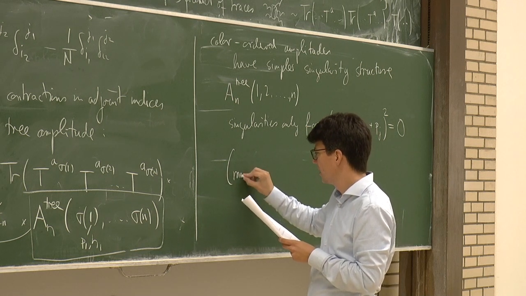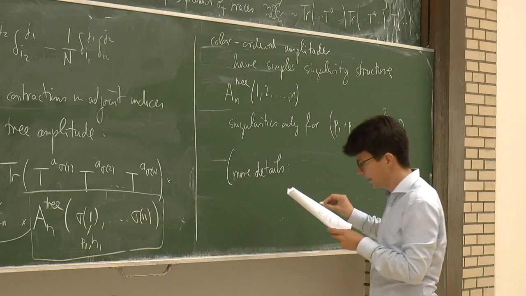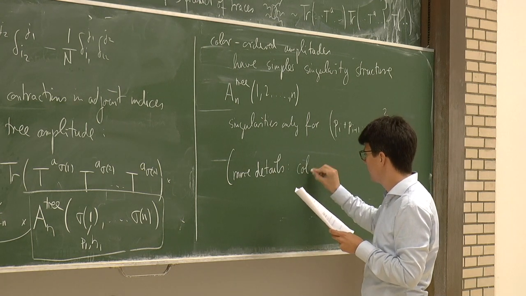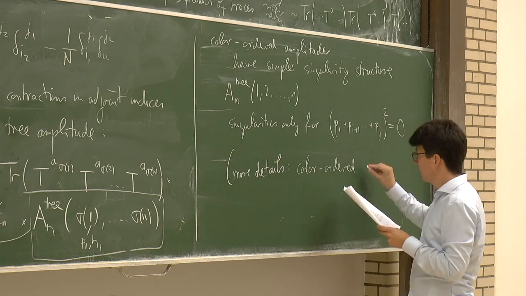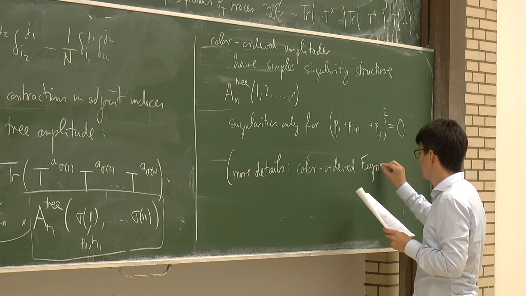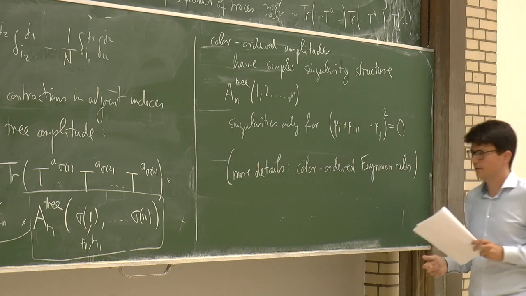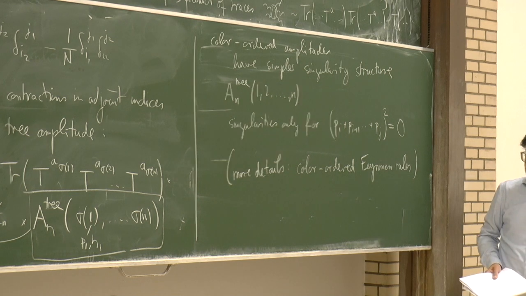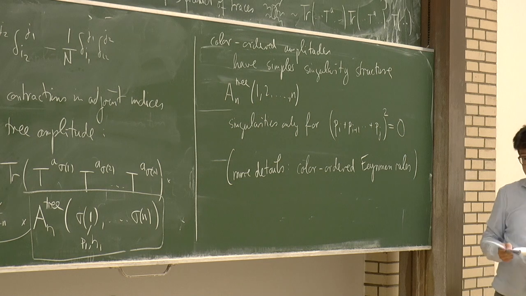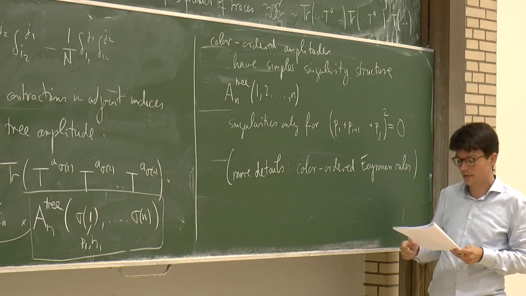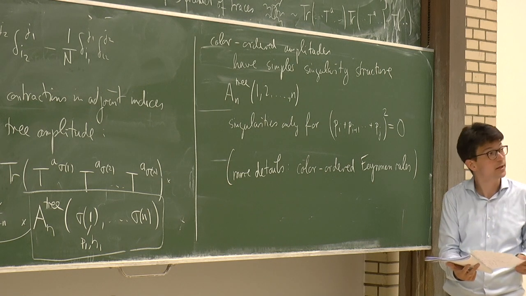For more details, you can look at the color-ordered Feynman rules. I think this is nicely reviewed in some reviews by David Kosower and his friends, and I think we also have a discussion of this in the lecture notes that was in the book that was advertised earlier.